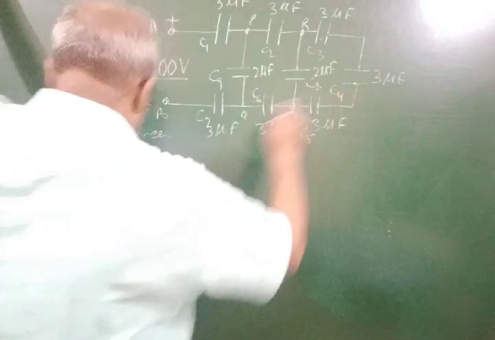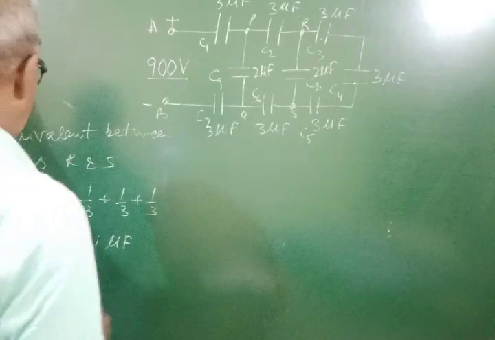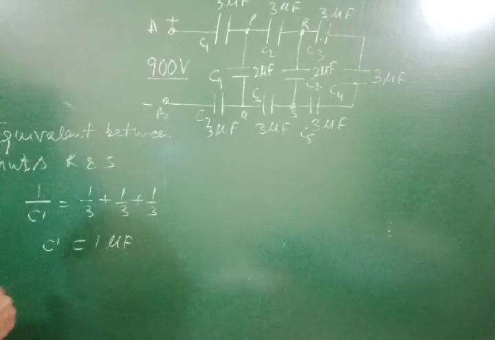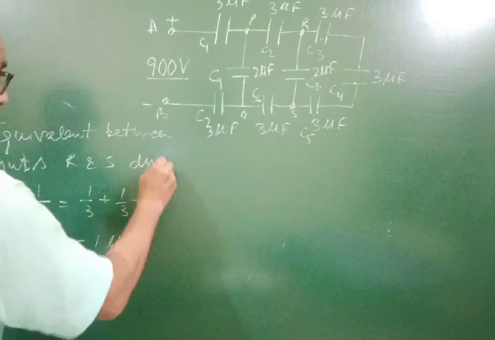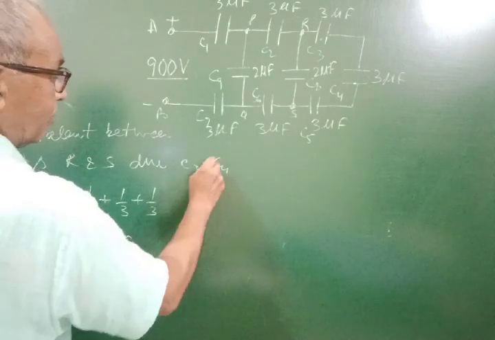Then C dash and C8 are in parallel between R and S due to C3, C4 and C5.